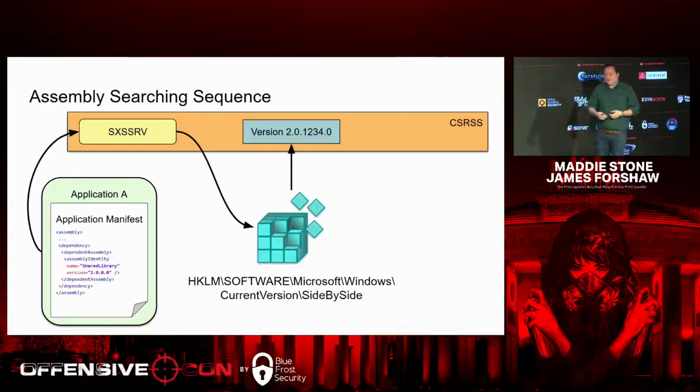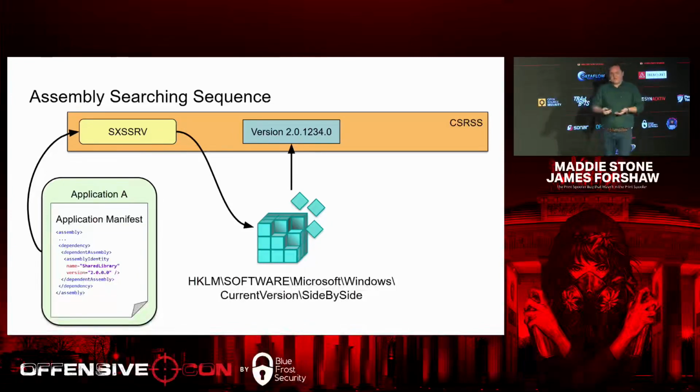Now, the side-by-side service will go through things like your dependencies, and it might have to try and resolve versioning information. Inside the Windows registry, there's a side-by-side key, which contains all the installed registrations for these side-by-side assemblies. It can say, for example, I want version 2, and it will try and pick the newest version of version 2 it can. So in this case, version 2.0.1234.